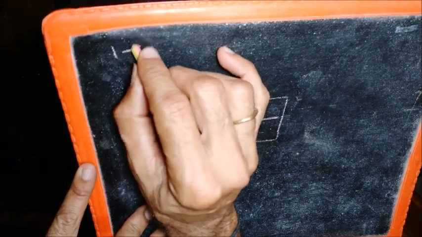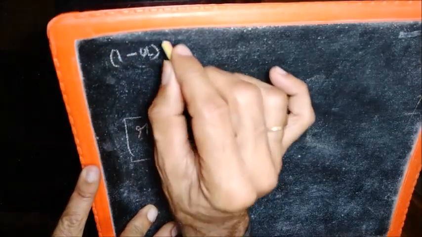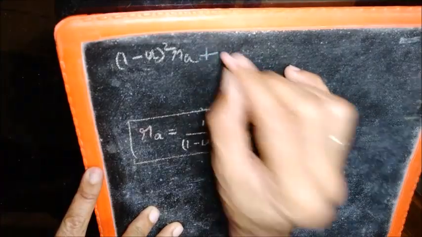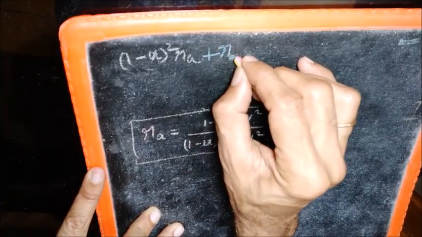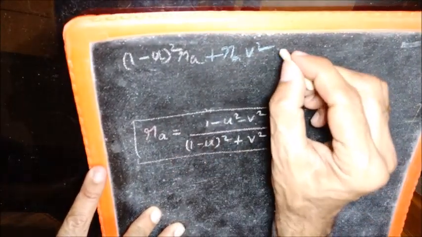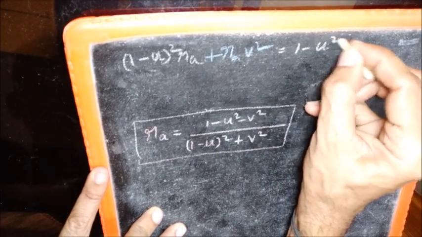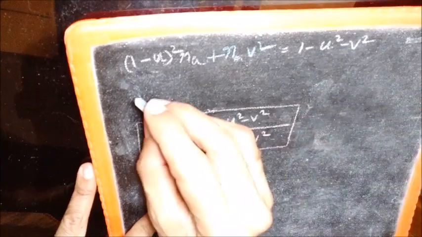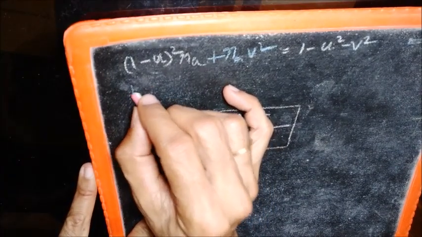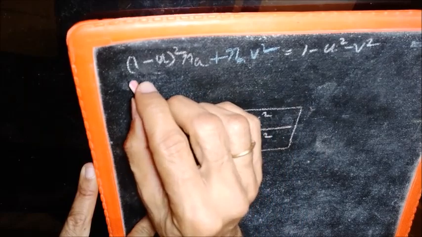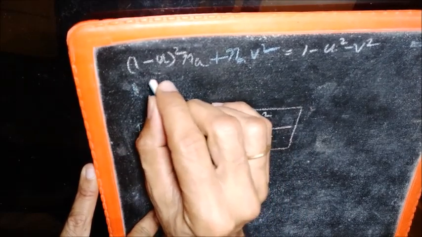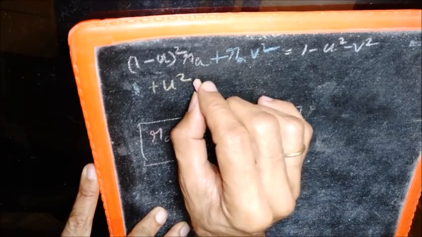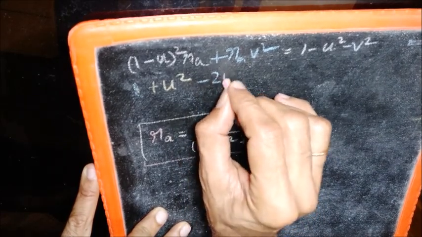1 minus U square Ra plus Ra into V square. So this into this equal to 1 minus U square minus V square. So now this can be written as 1 plus U square minus 2U.